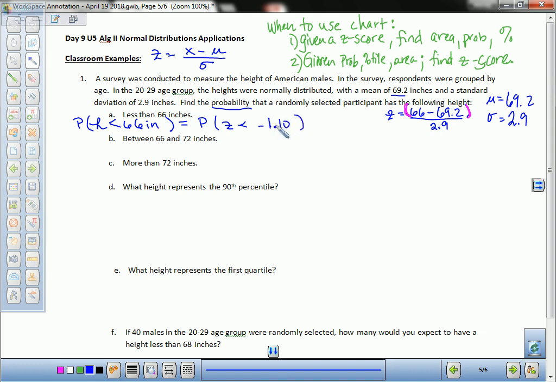All right. So now what do we do with our z-score? Go to the chart. We go to the chart. Good job, Molly. Look at my chart right there.